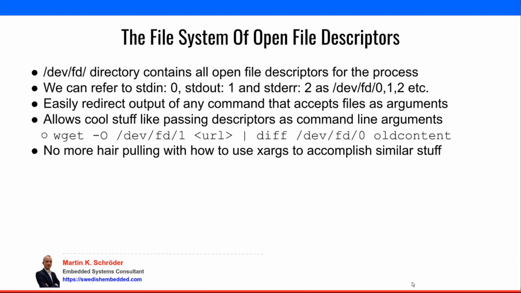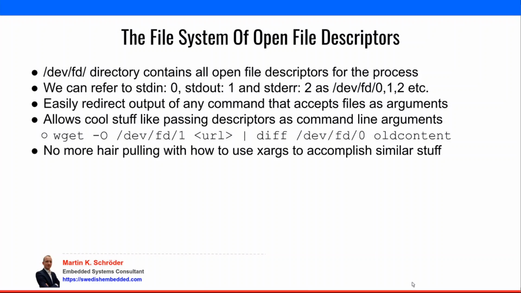And this gives us really interesting possibilities, because we can now pass file descriptors as files to any command that reads or writes files. For example, any command that accepts a path to a file would accept a /dev/fd path, and that would point to a descriptor.